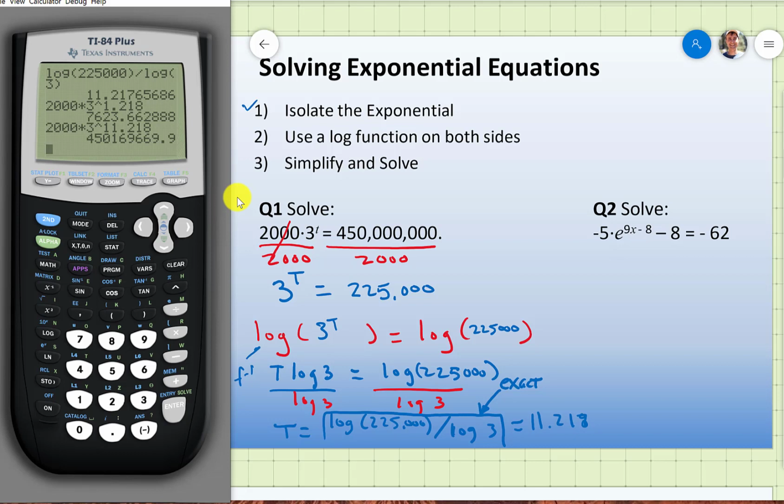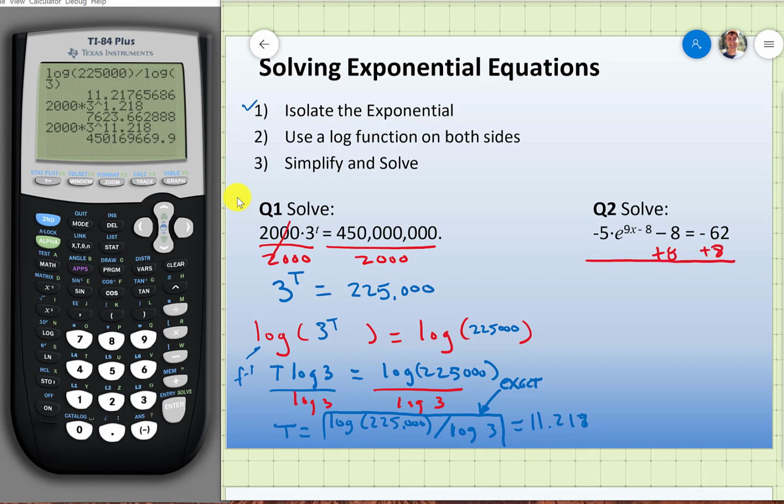And we've got an exponential base e this time. Now exponential base e cannot do anything to subtracting. If I want to get x by itself, I'm going to have to get rid of the 8. And I'm going to have to get rid of multiplying by 5.